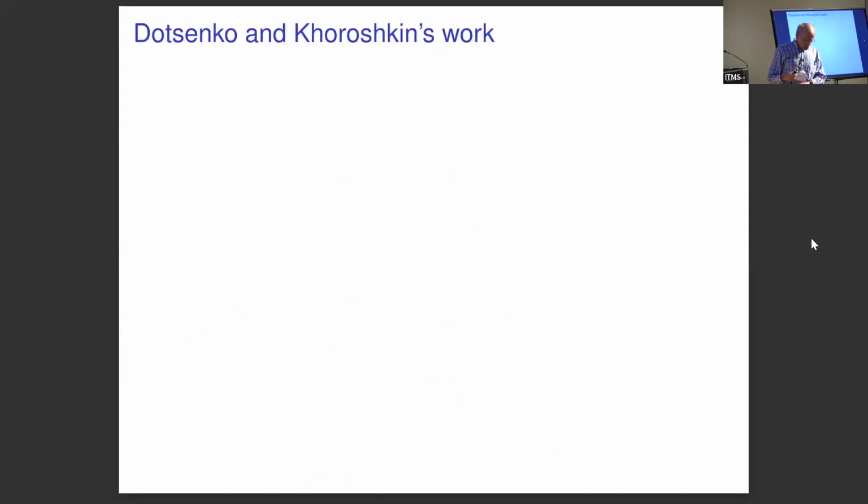Okay, so when I submitted my paper, I got 2 referee reports back, and one referee said, "Oh, this is a great paper," and the other referee said, oh, this is pretty good, but you should look at this paper of Dotsenko and Khoroshkin. So I looked at the paper of Dotsenko and Khoroshkin, and I found that they had proved a similar theorem.